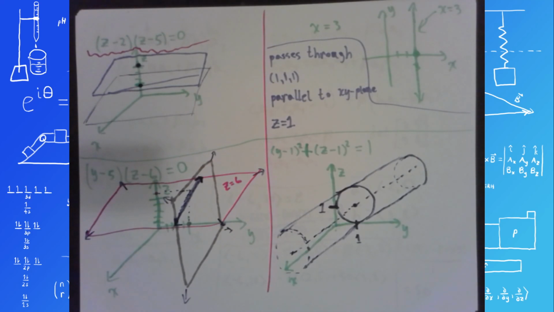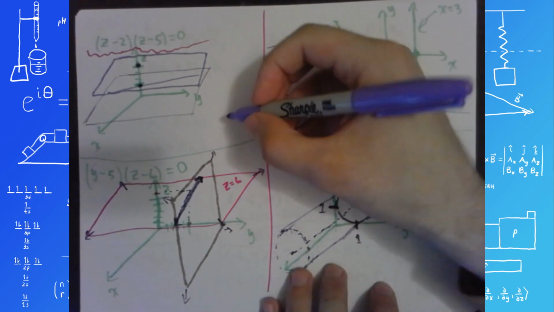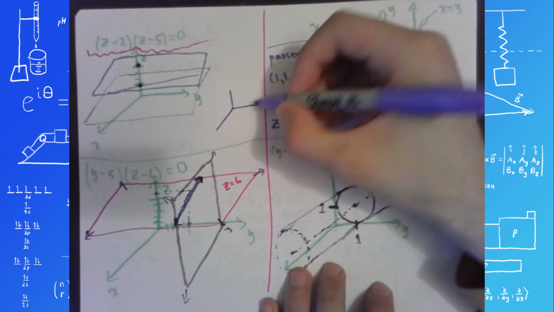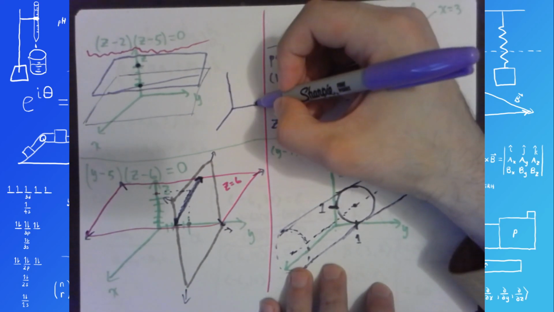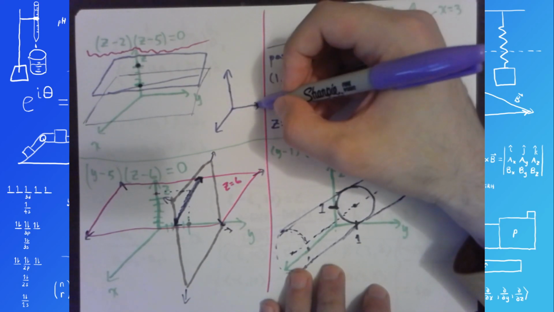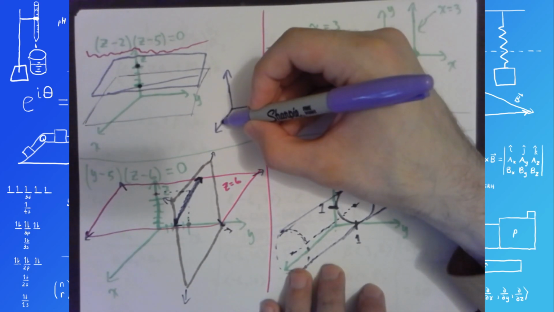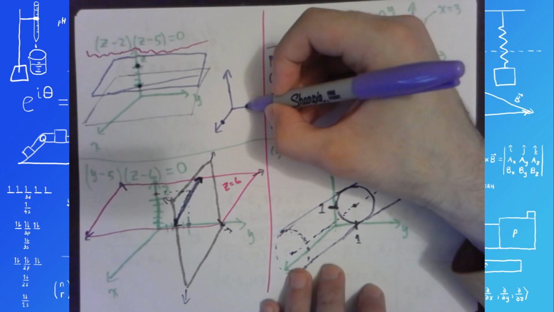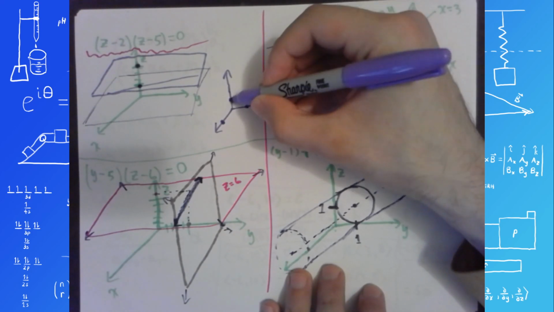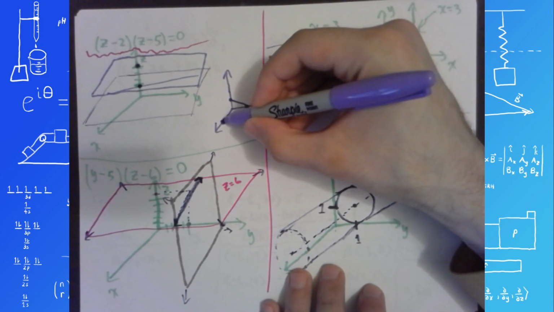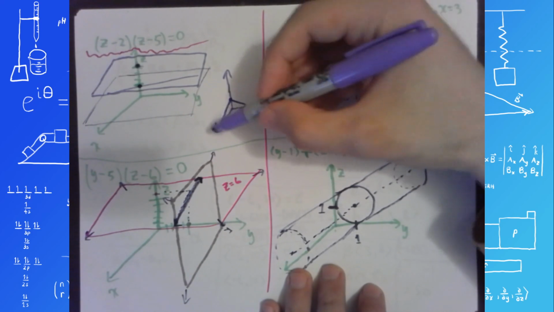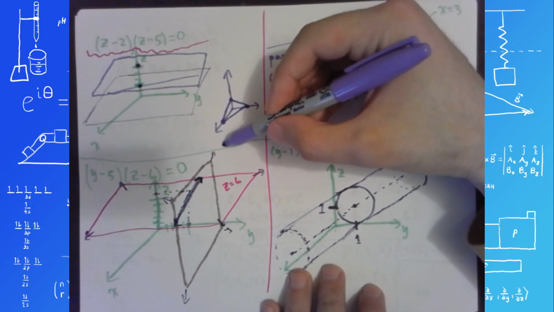A good way to start with drawing those planes, by the way, is to find their intercepts, if they have intercepts with all axes. Find where their intercepts are and then draw some sort of, I guess, triangle that's supposed to exist within that plane, and then from there start extending it.